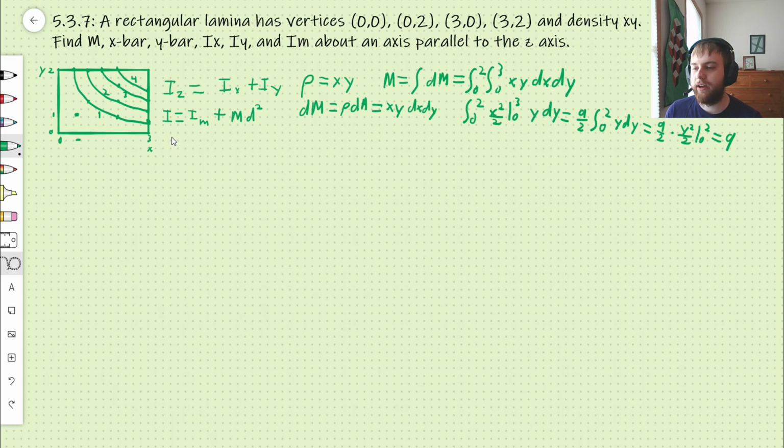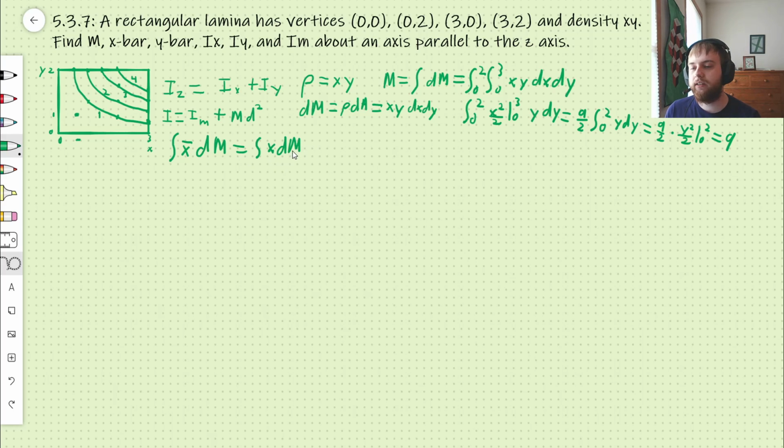And okay, to find our x bar, the x bar is the x coordinate of the center of mass, or the center of gravity, whichever term you prefer. And it's equivalent to a mass weighted average of the entire thing. So it's a constant. So we'll write the total mass times our x bar is equal to the integral of x dm.